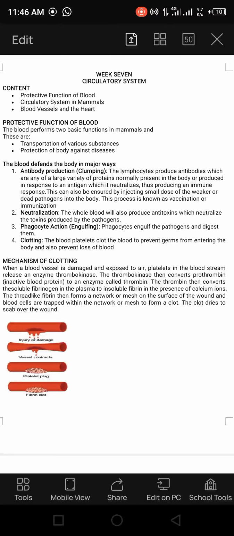The first process they go through is to recognize these foreign particles, and they bind to them using surface receptors. Then they engulf it. If you remember the way amoeba feeds, it feeds by this same process of engulfing.